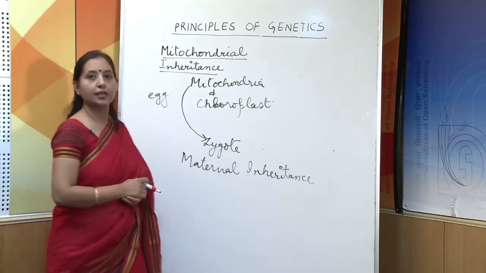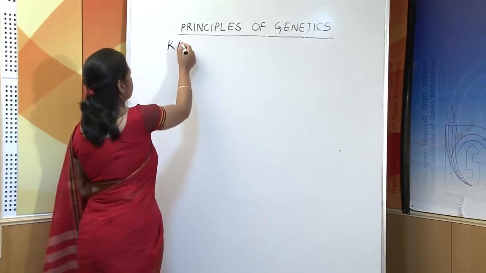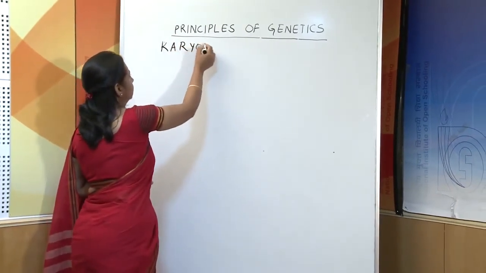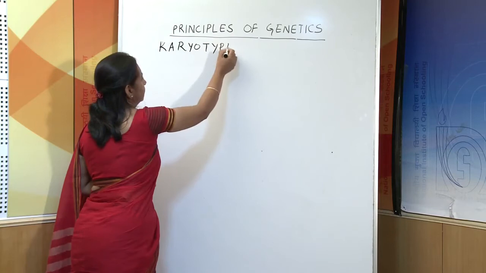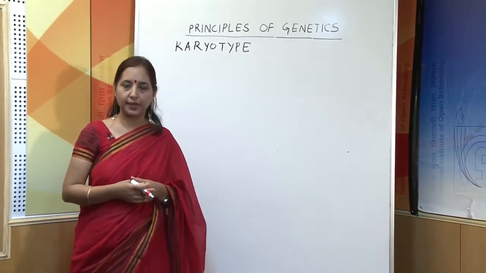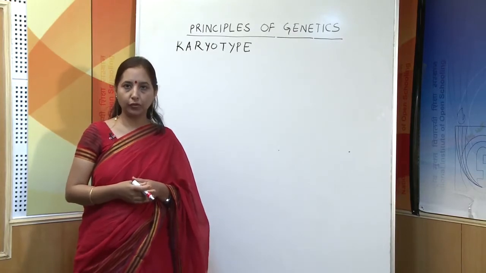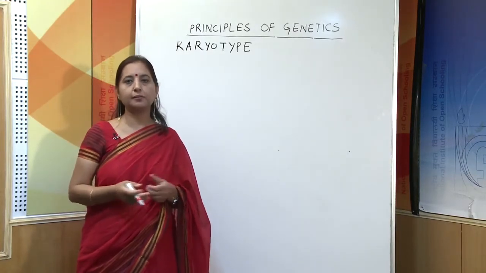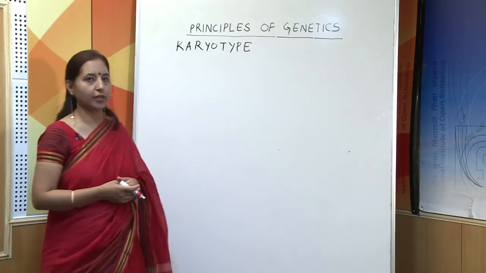Next topic is karyotype. Karyotype is the arrangement of chromosomes on the basis of their size and the location of the centromere, and this complete arrangement is called karyotype.